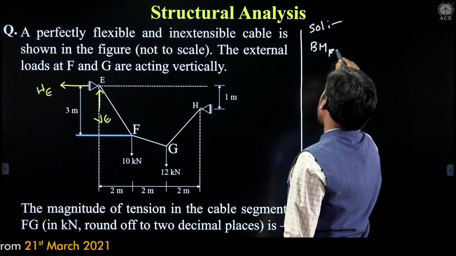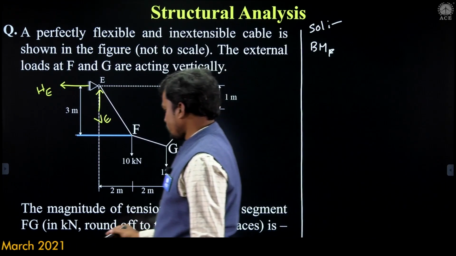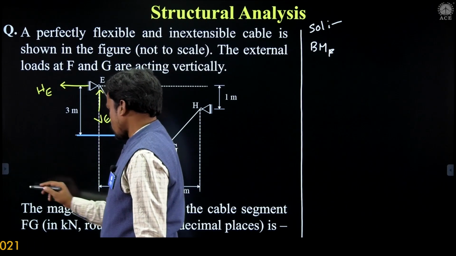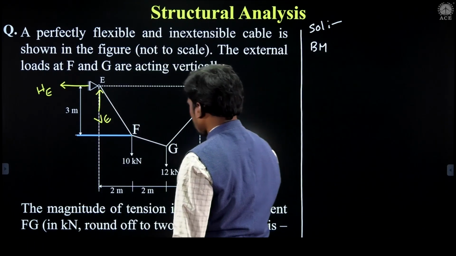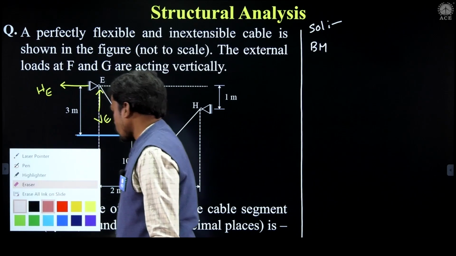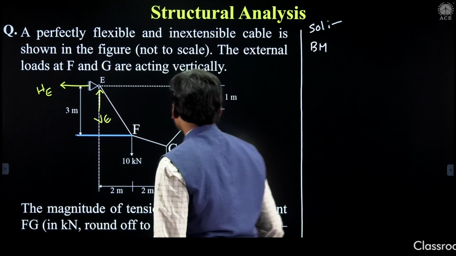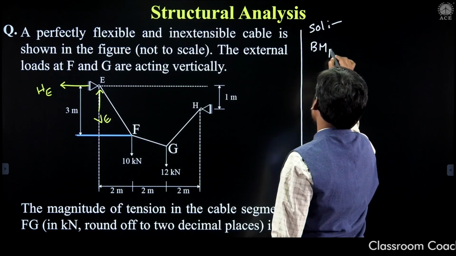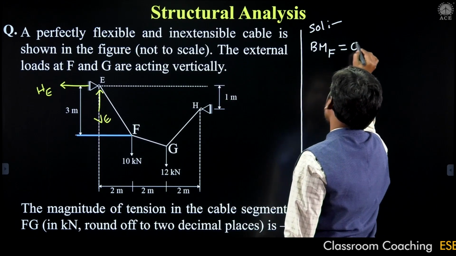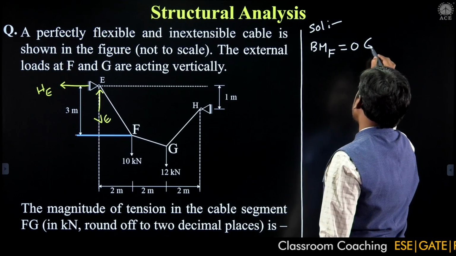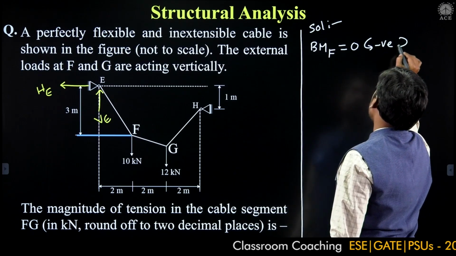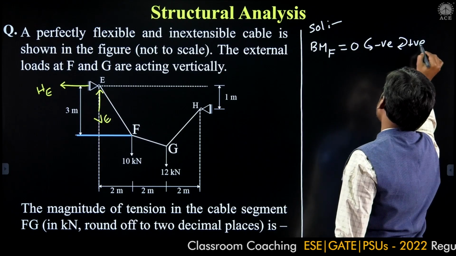bending moment at F equals 0. Sign convention: anti-clockwise negative, clockwise positive.